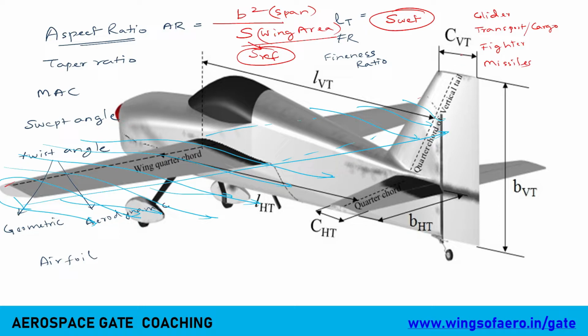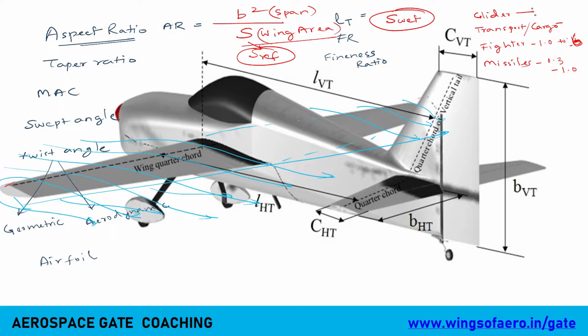Alright. Now you should know some ranges of the aspect ratio. Talking about missiles, it should range from 0.3 to 1 aspect ratio. Fighter should range from 1 to less than 4, or sometimes 6. So military and fighter are all within that 1 to 6.